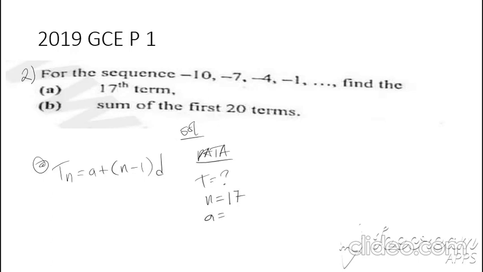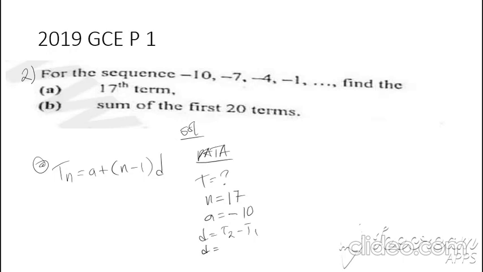Then your first term, which one is your first term here? It's starting with -10 in the sequence. So your first term is -10. And then what can be your common difference? Don't forget, how do you find the common difference under AP? It's T2 minus T1. So what's your T2?